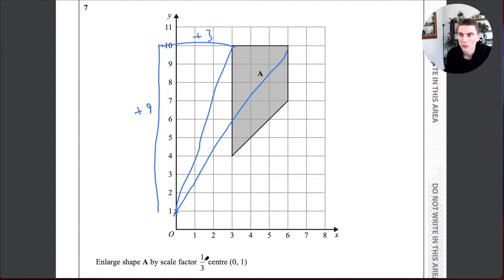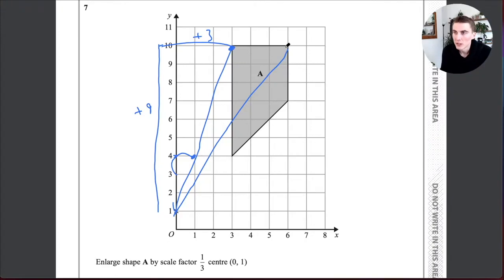But if I want to do a third, 9 times a third, or 9 divided by 3, is 3. So I now only go up by 3. 1, 2, 3. And instead of going along by 3, I go along by a third of that, so 1. So I go across by 1, so here. So basically this point here has moved down to here.